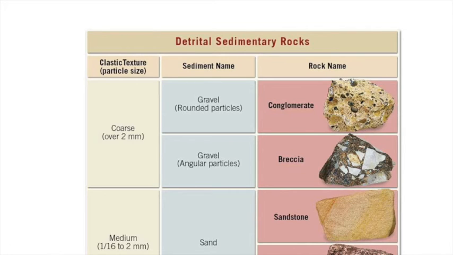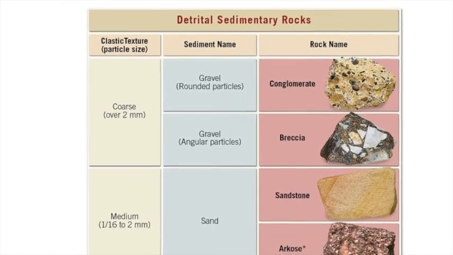If they are angular pieces, which never made it from a river, okay, so they were never tumbled in a river or a stream, that's called breccia. So the breccia is sharp angled pieces, and the conglomerate is rounded pieces. And so those are the largest type of sedimentary rocks.